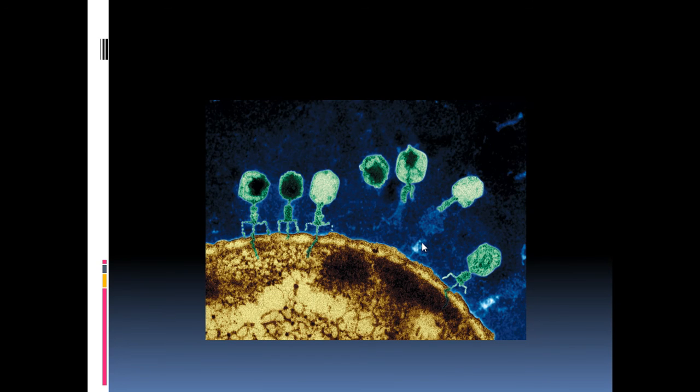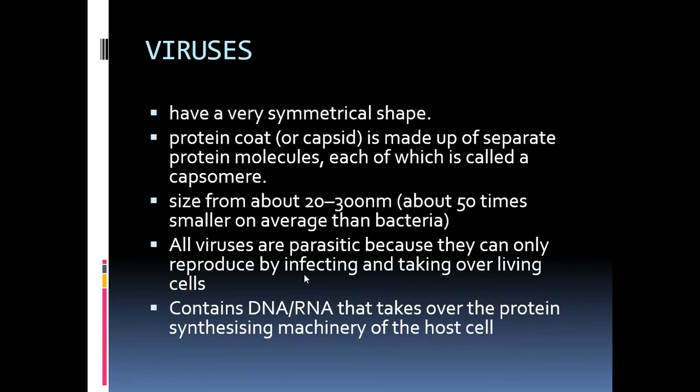So this is an electron micrograph of how a bacteriophage attaches itself to a bacterial host before injecting its genetic material. And these are a list of some features of the virus. For example, number one, they have a very symmetrical shape. The protein coat is made up of separate protein molecules, each of which is called a capsomere, and the size is very small.